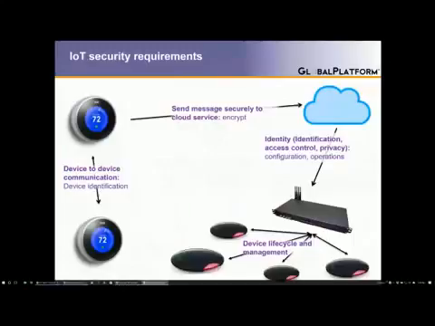What kind of security requirements are we looking at? Well, in order to communicate with a cloud or a system level in the background, we need to make sure the communication is encrypted. Or if it's device to device, that there's some way for that device to be authenticated and identified, so that it doesn't allow just any device to attach.